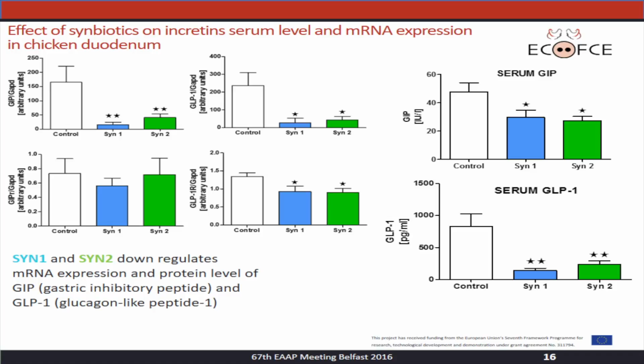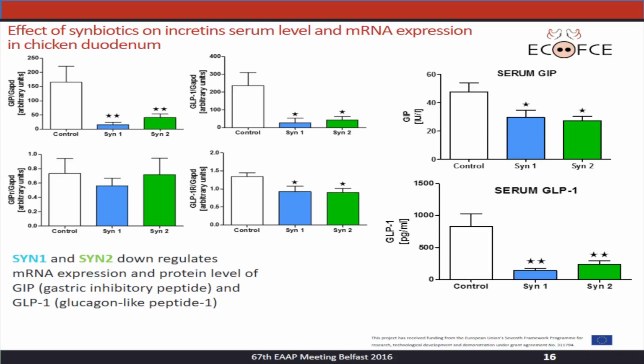So higher incretins like the gastric inhibitory peptide and the glucagon-like peptide, the GIP and the GLP. A high level of those incretins means also a higher level of insulin.